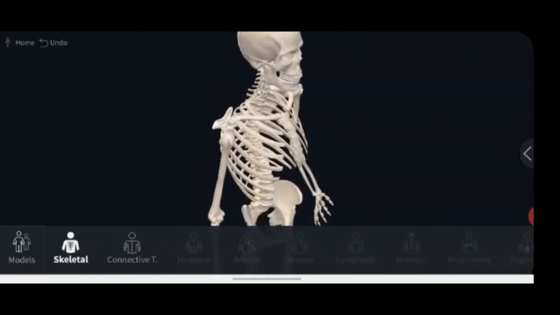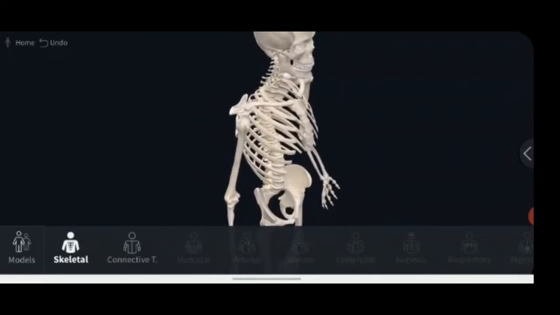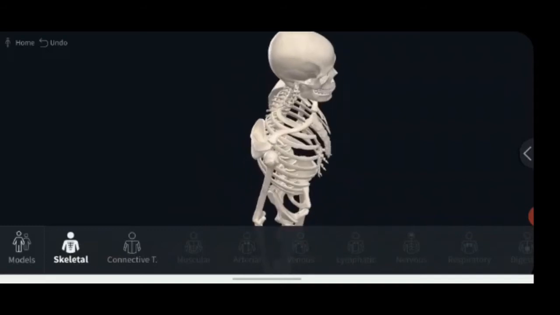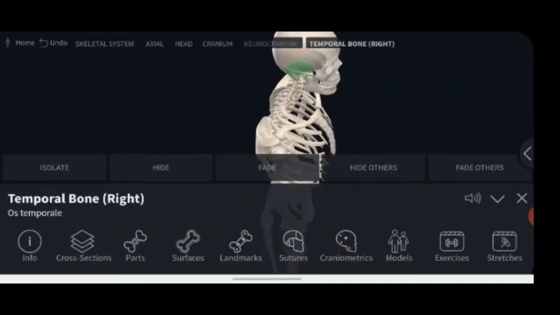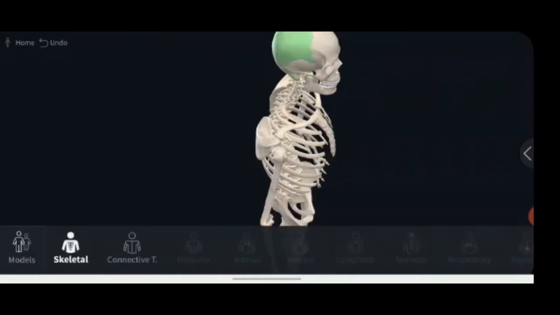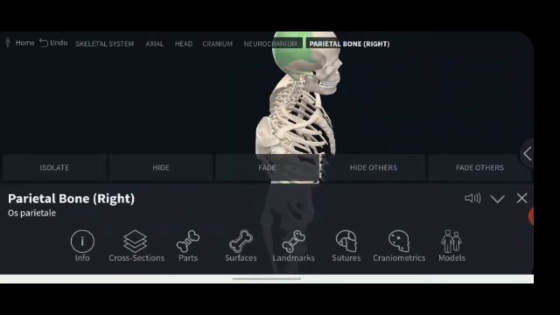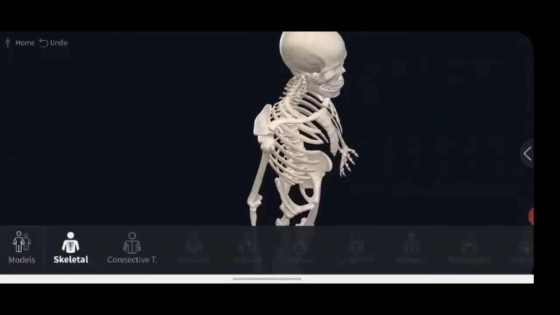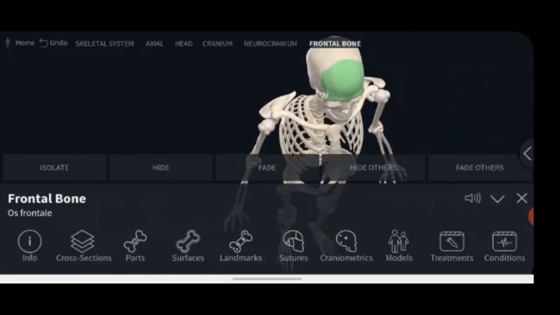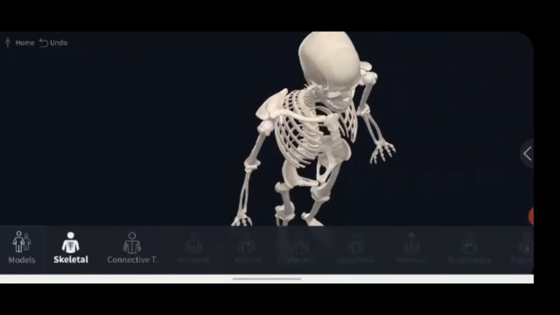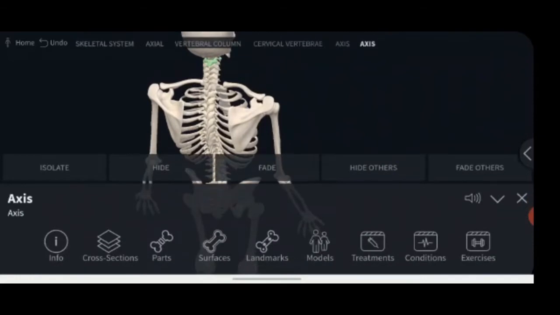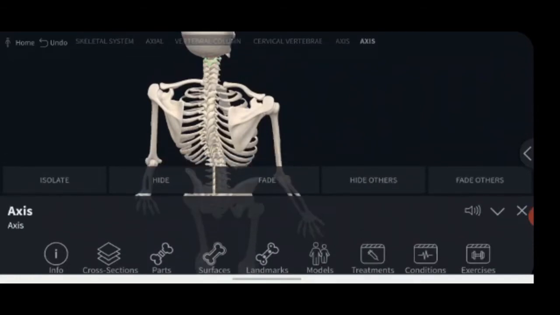Paired temporal bones, and paired parietal bones. Yes, these are the paired parietal bones. Unpaired frontal bone, so this is the unpaired frontal bone, and the unpaired occipital bone.